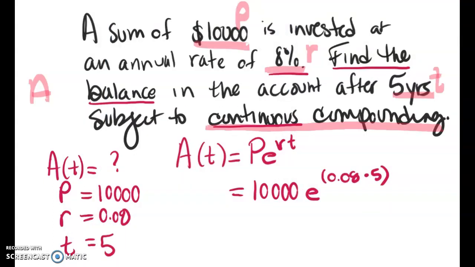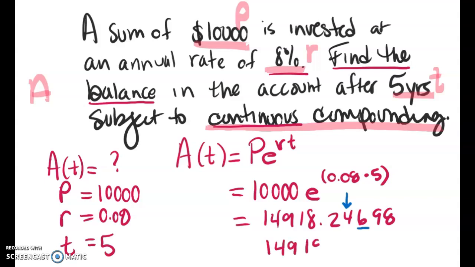And so I'm going to round this. So this is what my calculator screen displays. But I want to round to the 100th place or the nearest cent. And so I will look 1 to the right of that 100th place. And because that one is 6, which is more than 5, I'm going to round the 4 up to a 5.